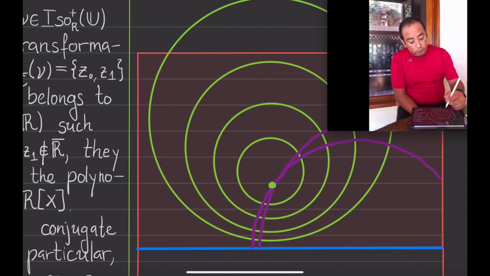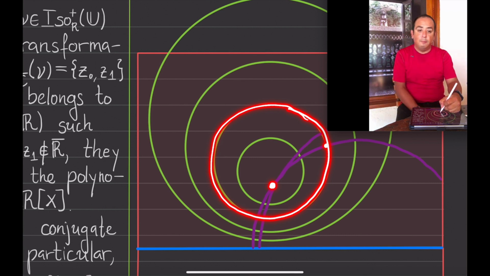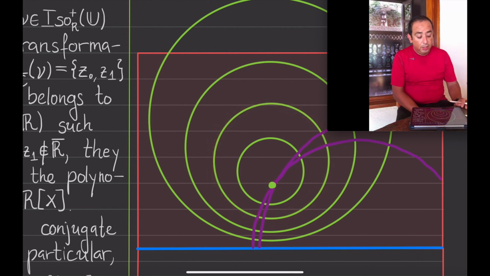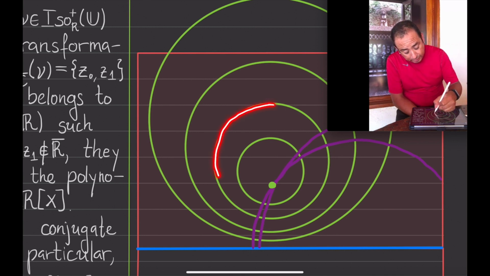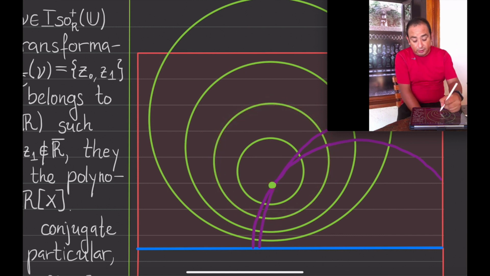Okay, so if I take a point here, let's say its image I know is in this Apollonius circle of the two fixed points, so of this fixed point and its conjugate complex number. By the way, notice that this circle has the fixed point as hyperbolic center, right? Because the hyperbolic center is a fixed point.